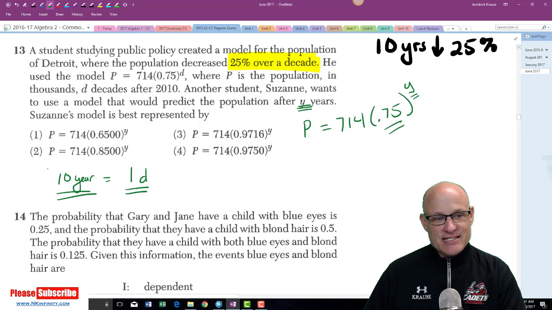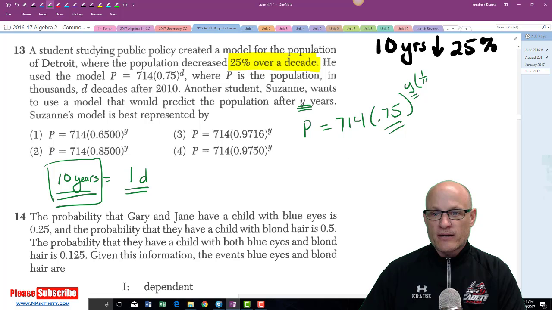But it takes 10 years to go down 1. So what I want to do is take this and multiply by 1/10. So now look what happens when Y is 10. 10 times 1/10 is 1, which takes us back to this formula if I plug a 1 in. So that was the trick right there. You had to take the number of years and divide by 10.